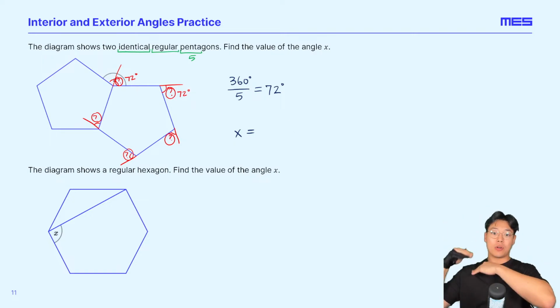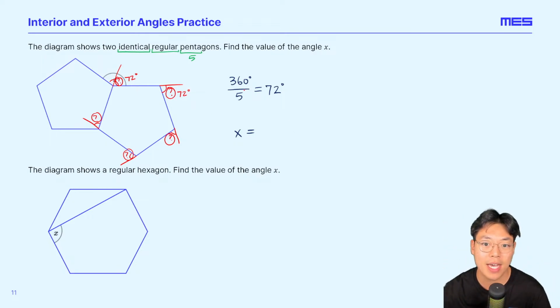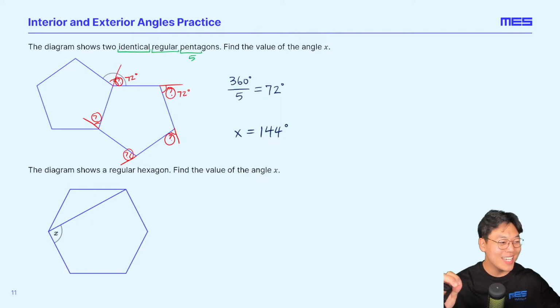So going backwards, 360 degrees divided by 5 will give us the measure of each exterior angle, which is 72 degrees. And therefore, we know x will be twice this exterior angle. So x is equivalent to 144 degrees.